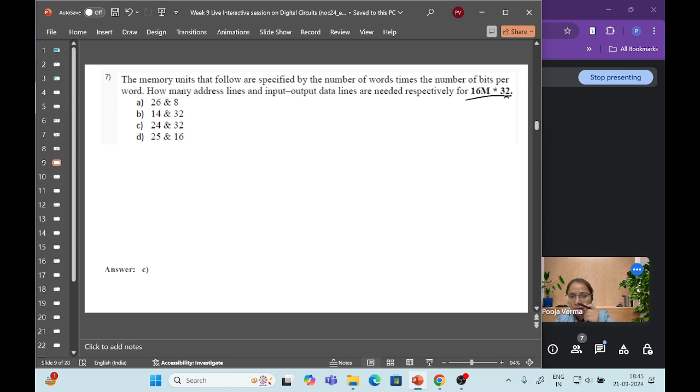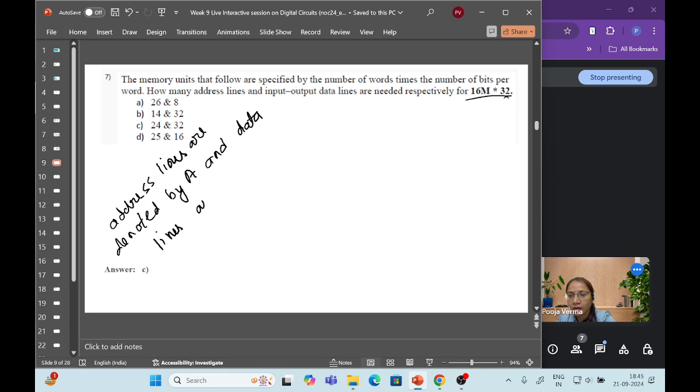So we can say that address lines are denoted by A, and data lines, that is input output data lines, are denoted by D.